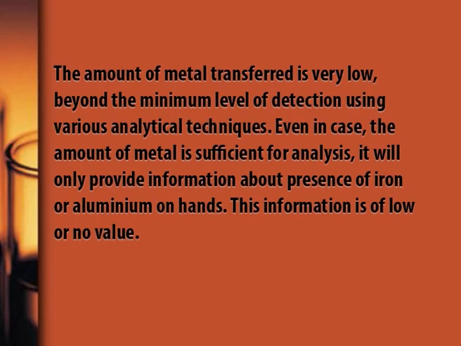The amount of metal transferred is very low, often beyond the minimum level of detection using various analytical techniques. Even if the amount of metal is sufficient for analysis, it will only provide information about the presence of iron or aluminium on the hands. This information is of low or no value.